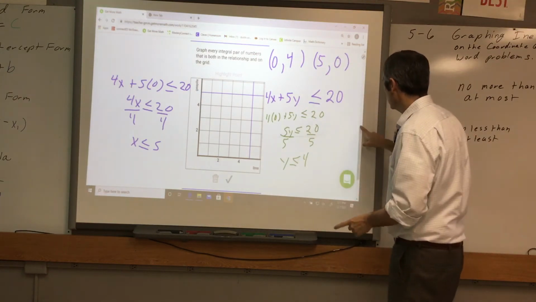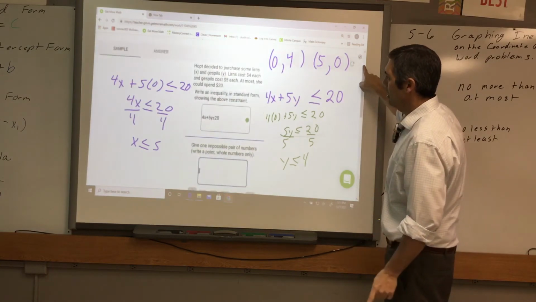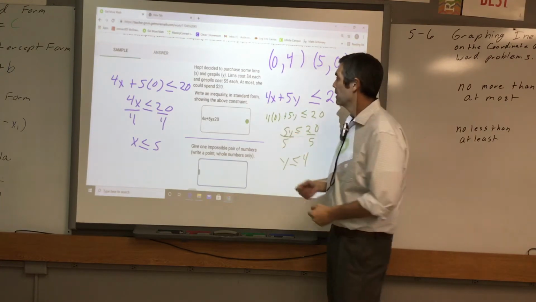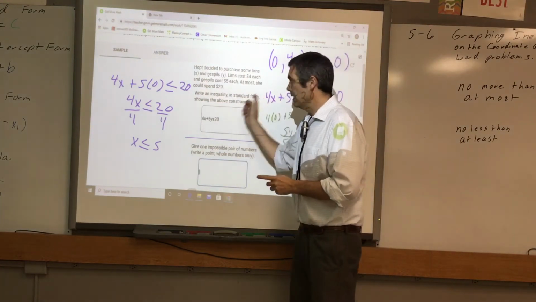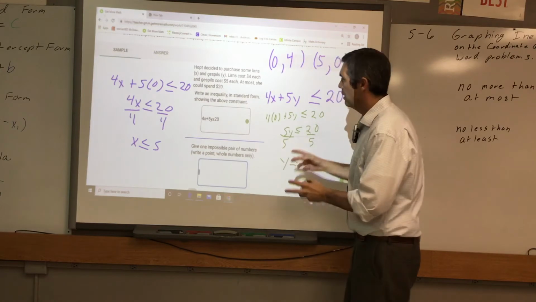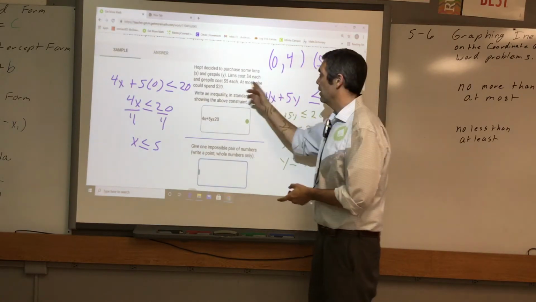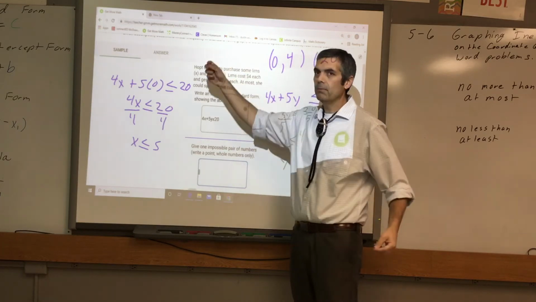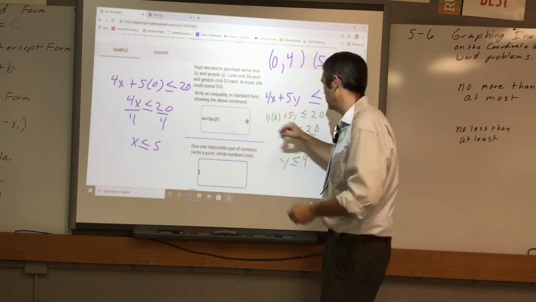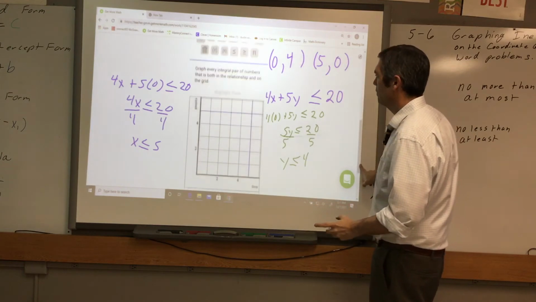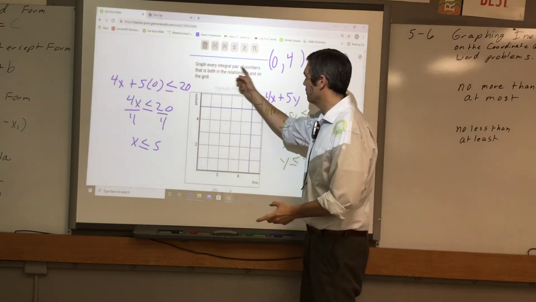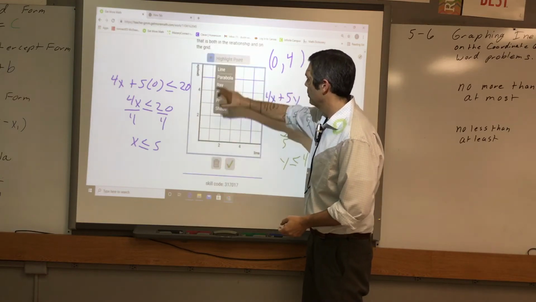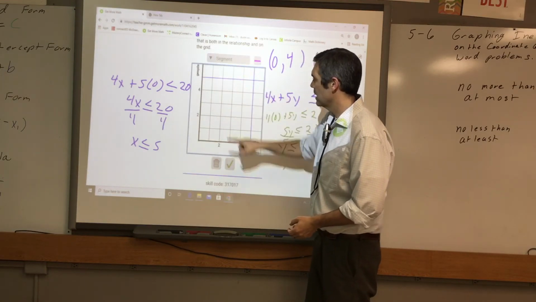It's going to be a line segment because of what you can buy the most of each thing. So pay attention to what it's actually saying and how it's worded. You can't continue to buy because we have a limit here. The problem says graph every integral pair of numbers that is both in the relationship and on the grid. So we don't want a line, we want a segment.